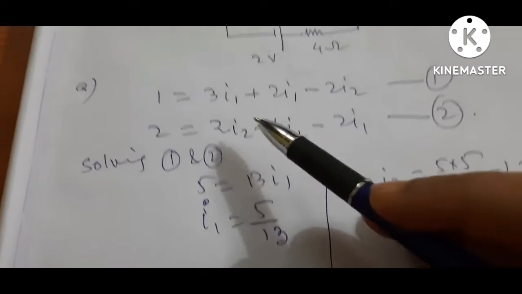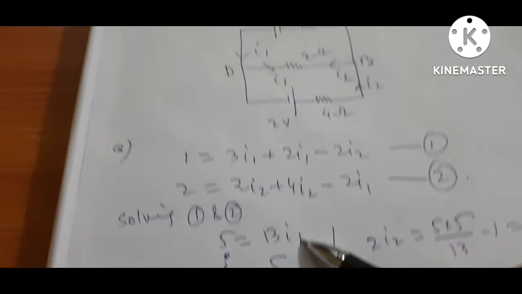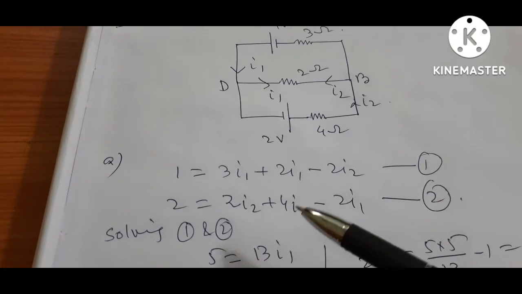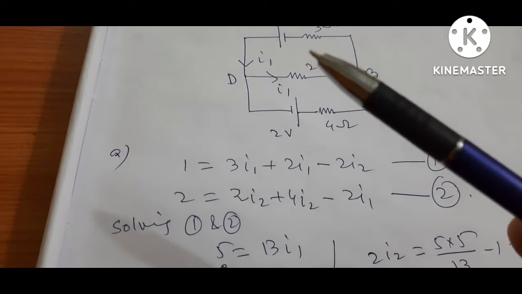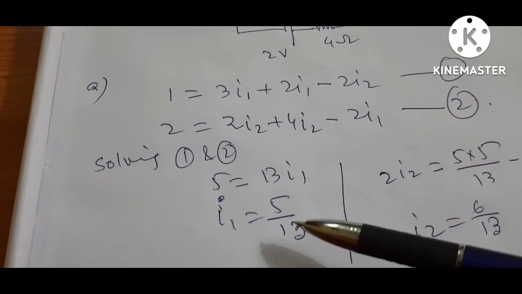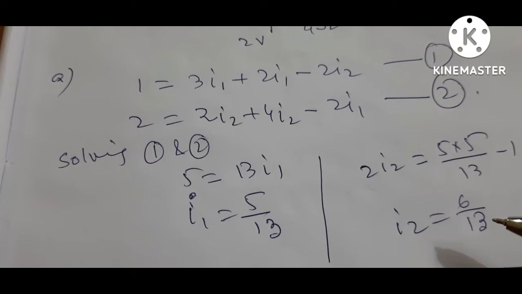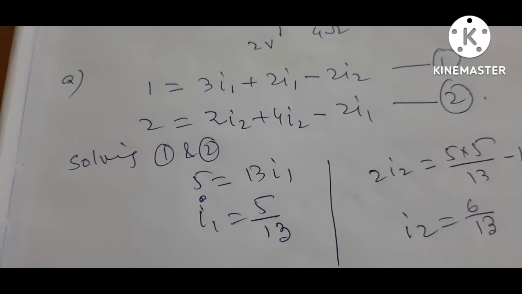Now solving these two equations, I1, the current through the first loop, is equal to 5 by 13 ampere, and I2 is equal to 6 by 13 ampere.